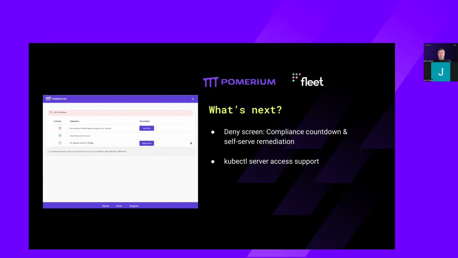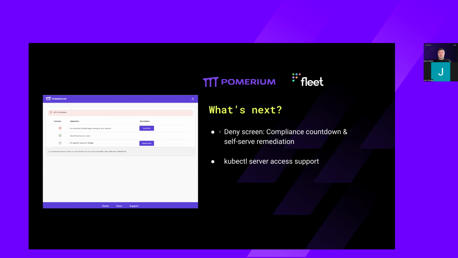And then in terms of some of the stuff that we're already putting on the roadmap, some things like a deny screen and integrating more of the compliance countdown clock and self-remediation steps from Fleet into the Pomerium deny screen. So if you use Pomerium today, you might be familiar with this deny screen.